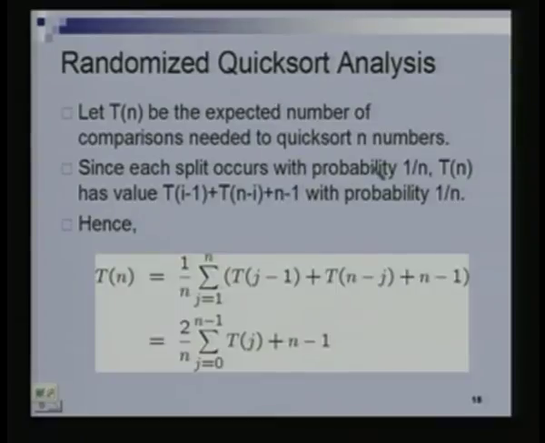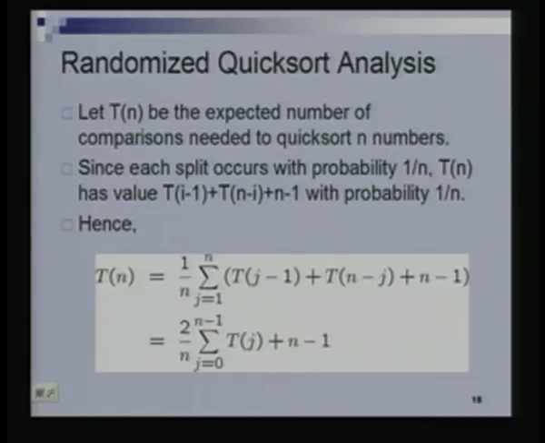Now let's recall what quicksort does. Quicksort first partitions. If it has to partition n numbers, no matter what the pivot is, it is always going to require the same number of comparisons: no more than n minus 1 comparisons.